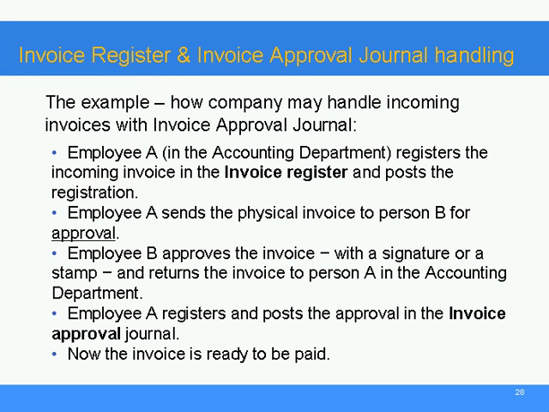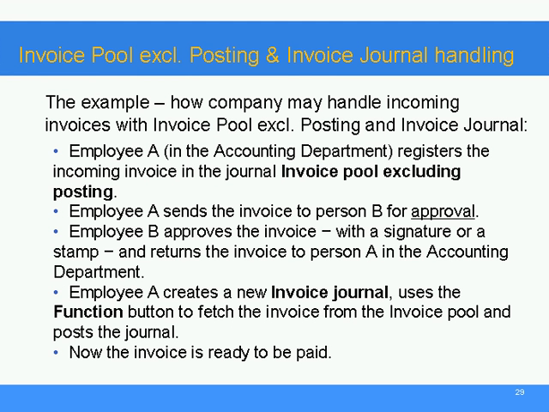And we will review the next situation: invoice pool excluding posting and invoice journal handling. This is an example of how a company may handle incoming invoices with the invoice pool excluding posting and the invoice journal. For example, employee A in the accounting department registers the incoming invoice in the journal invoice pool excluding posting.